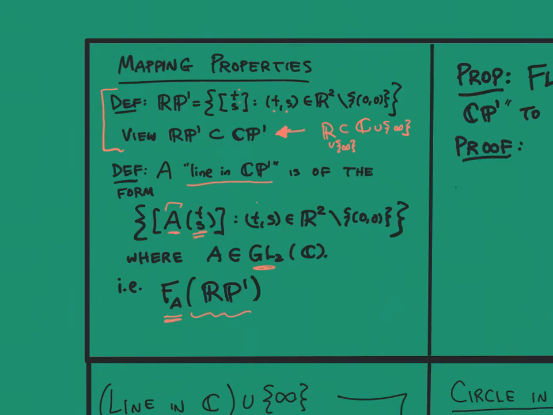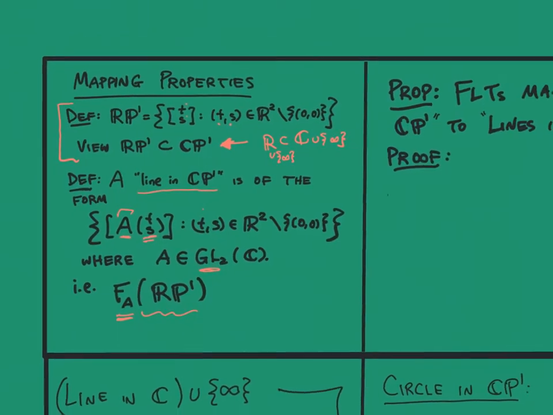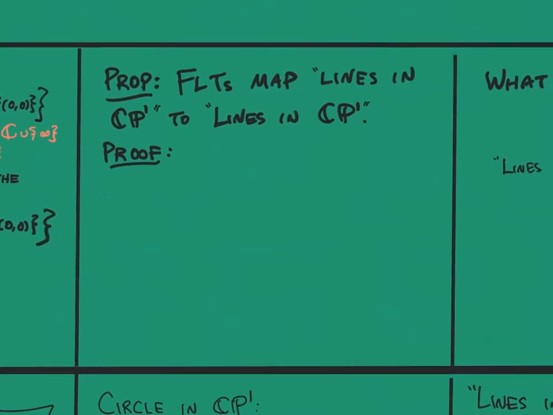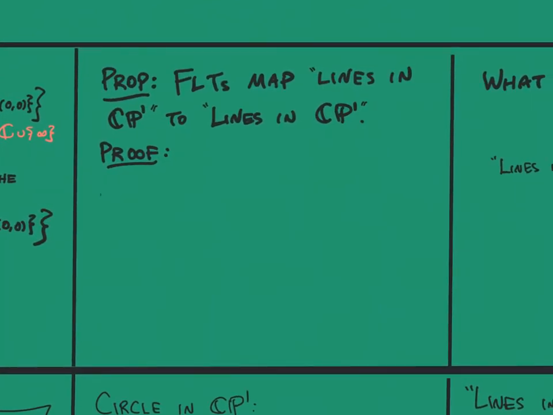From this definition, we get a very easy fact: fractional linear transformations map lines in CP1 to lines in CP1, because a line in CP1 is already written as F_A of RP1.